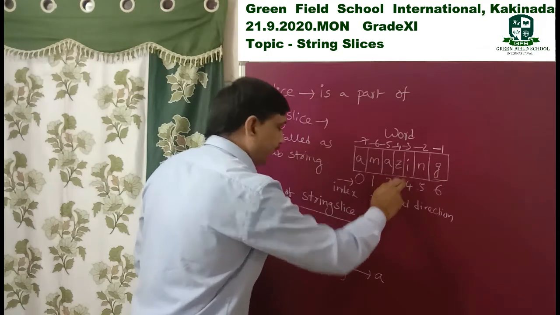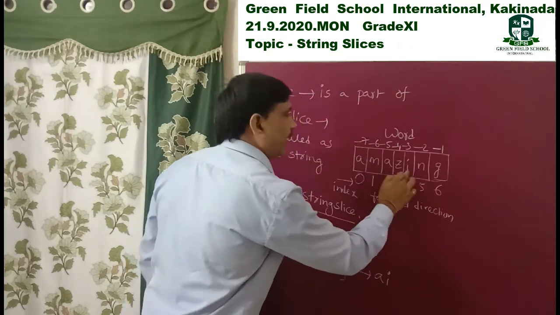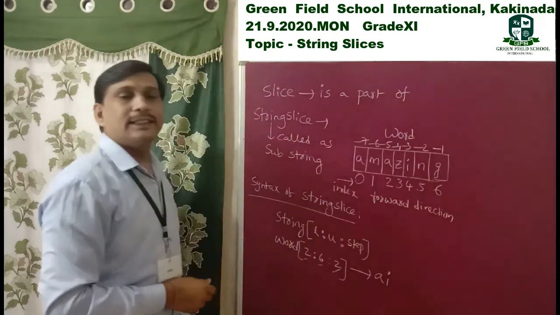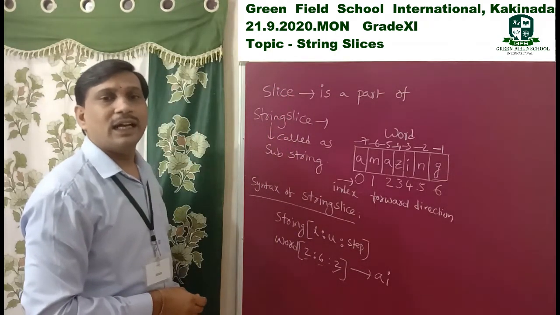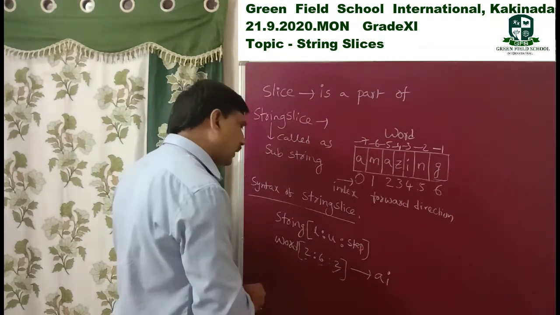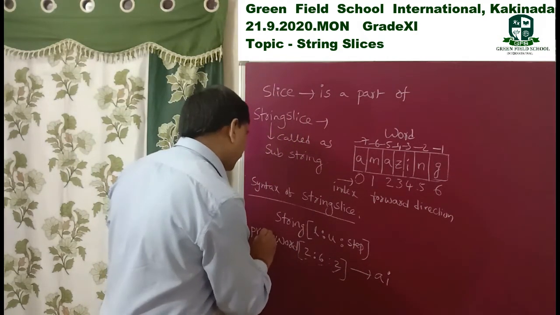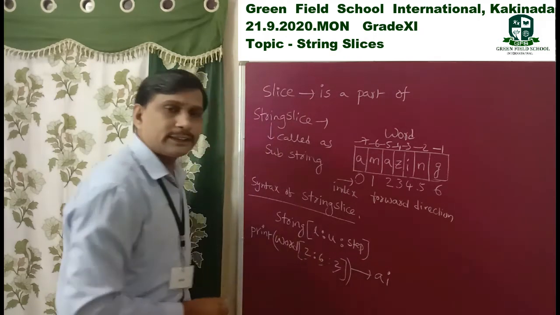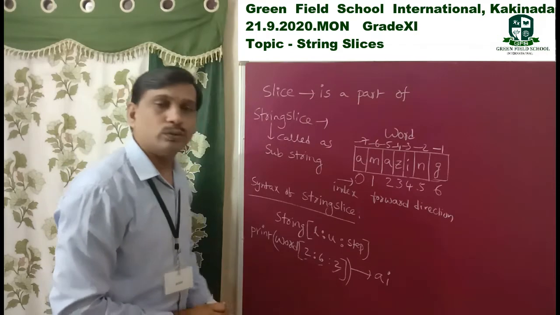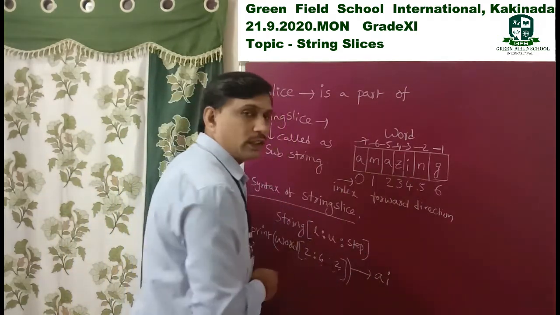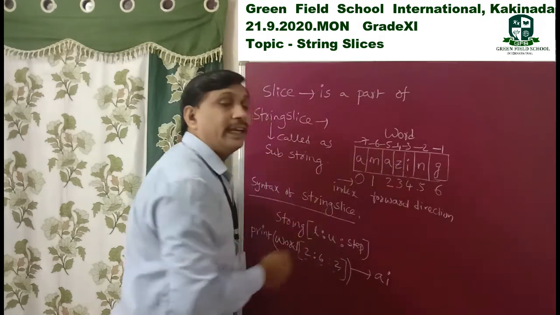Then you take I. A, I. Next is Z, but here Z is the sixth one and we do not consider the upper bound. That's why it displays A, I. When we write print of word of 2 to 6 with incrementation value 2, each and every time it increments by 2 from start to end.